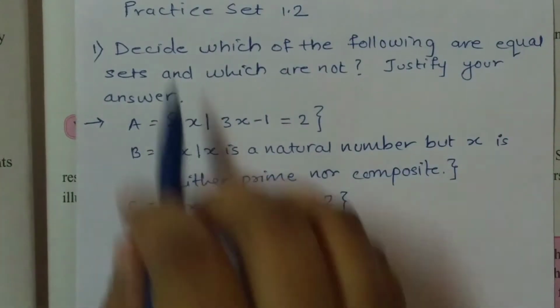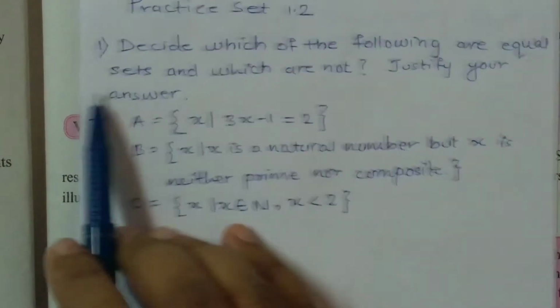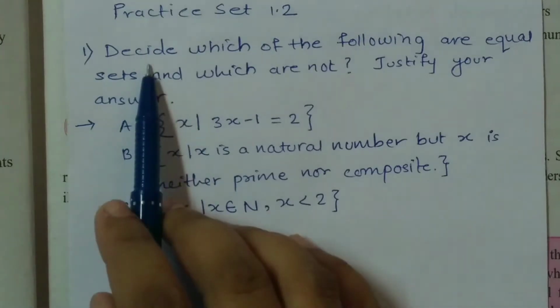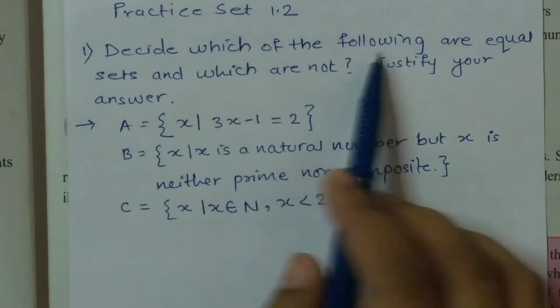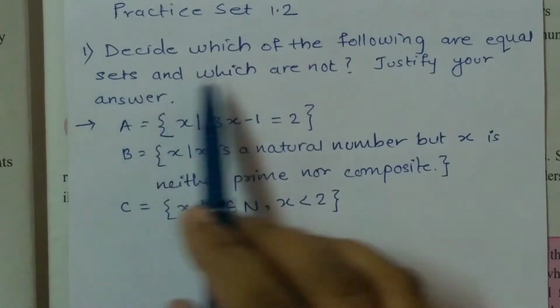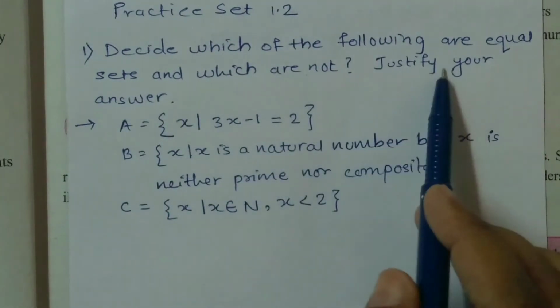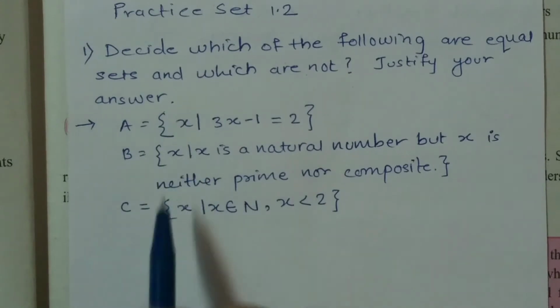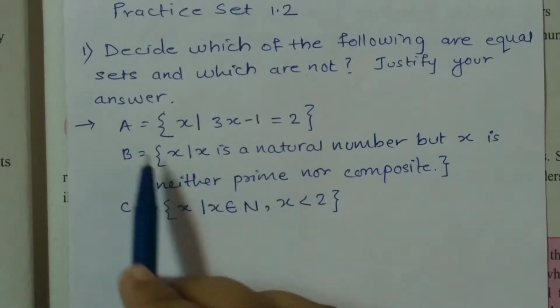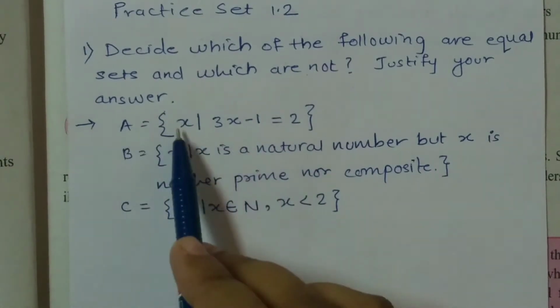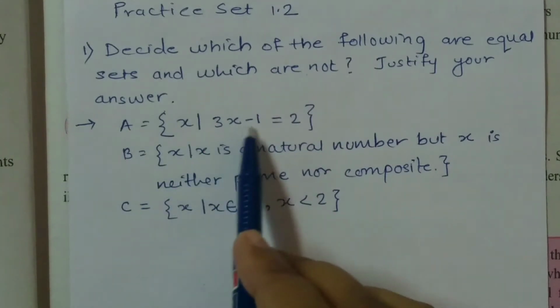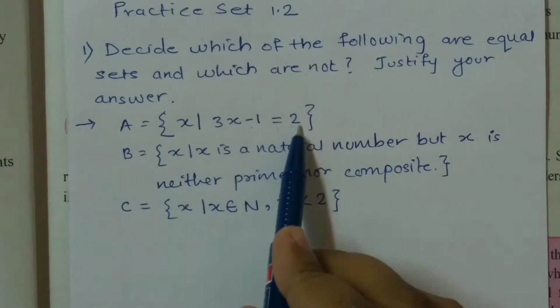Let us solve practice set 1.2. Our first question is: decide which of the following are equal sets and which are not. Justify your answer. Three sets are given to you. First, A is the set of all x such that 3x minus 1 is equal to 2.